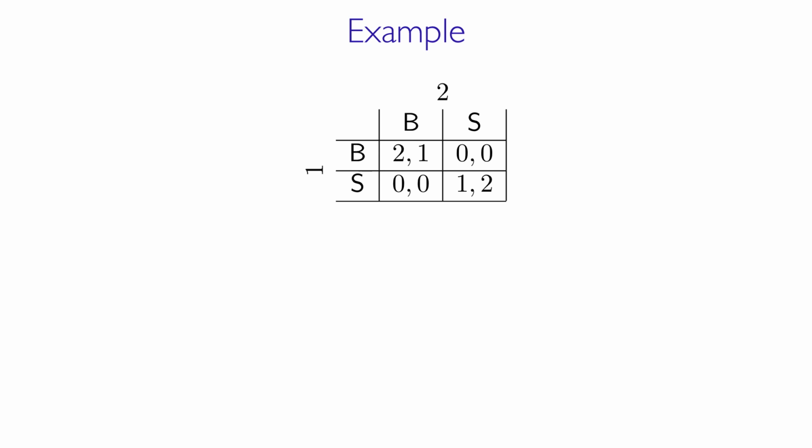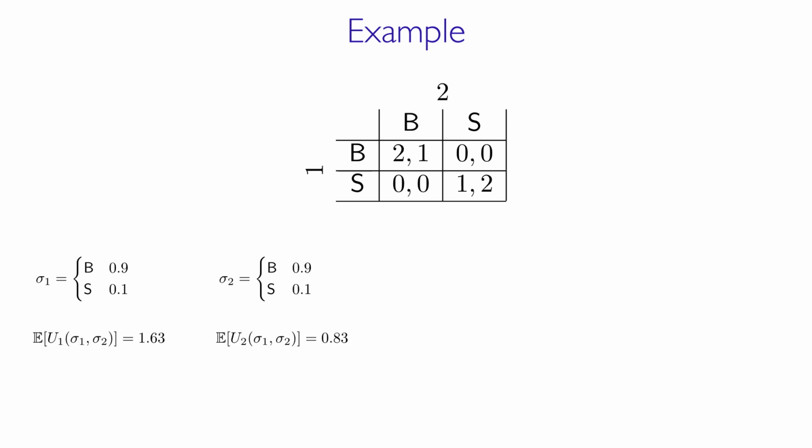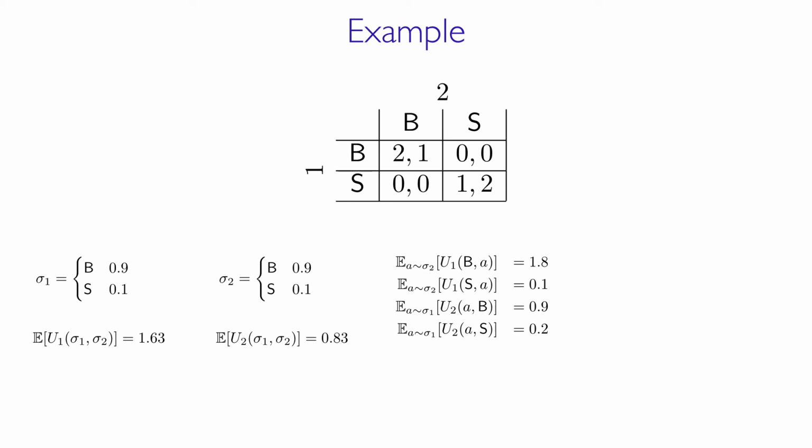Consider again the Bach or Stravinsky game. Consider again the strategy considered before. Recall that the expected utility of the players is 1.63 for player 1 and 0.83 for player 2. Here we have the utility provided by the single actions to the players.